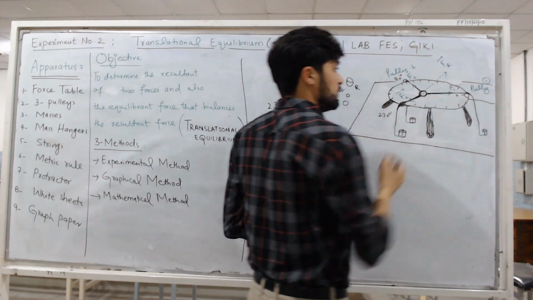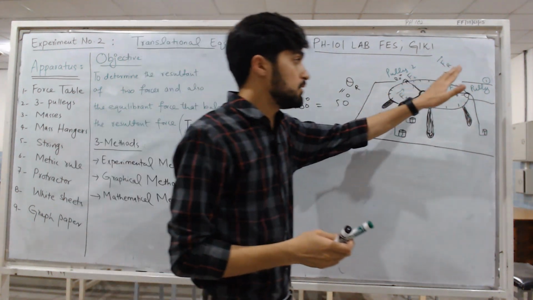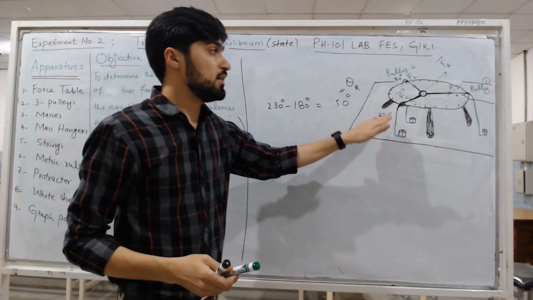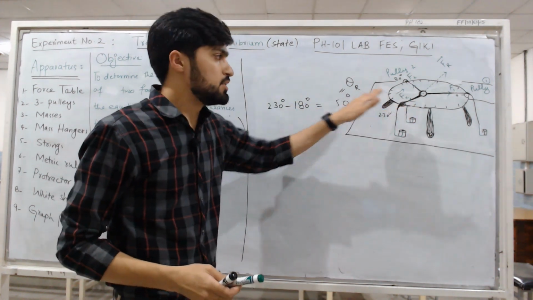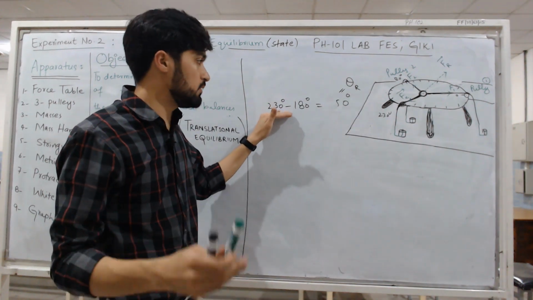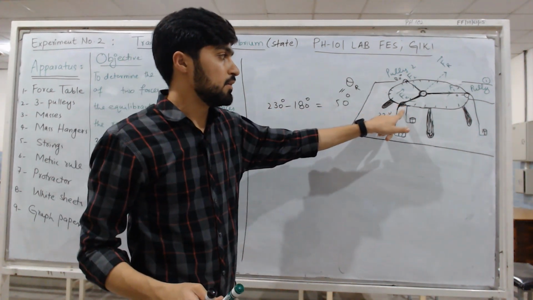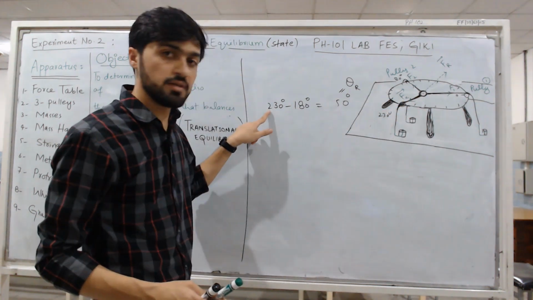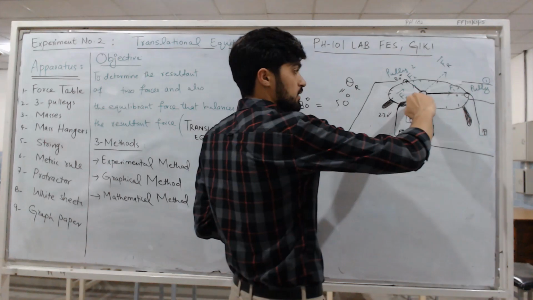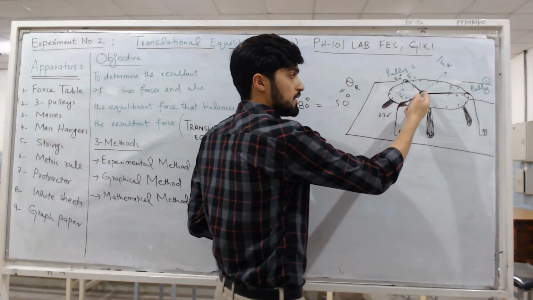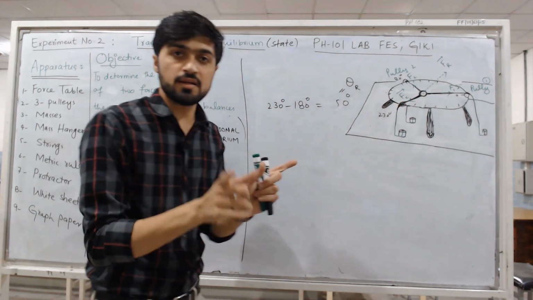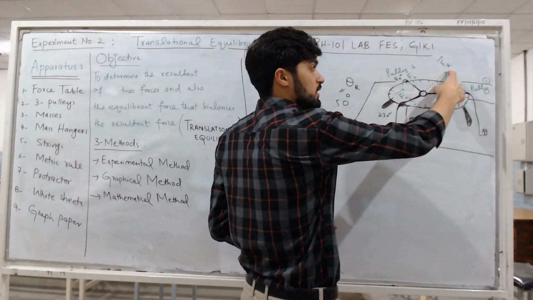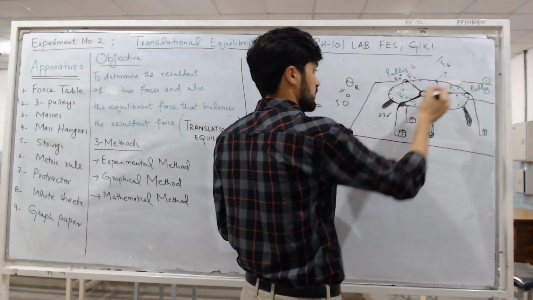Experimentally we can determine the direction of the resultant force from the direction of the equilibrium force, simply by subtracting 180 degrees from the angle of the equilibrium force on the force table. The equilibrium force is acting at 230 degrees, so if I subtract 180 degrees, I will get the direction of FR, because these two vectors are at 180 degrees. So this is now at 50 degrees.